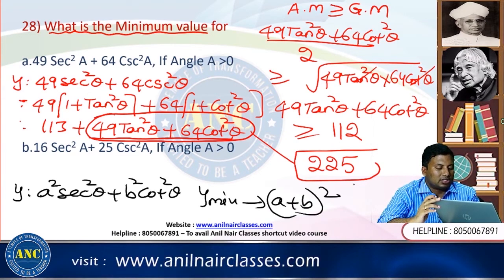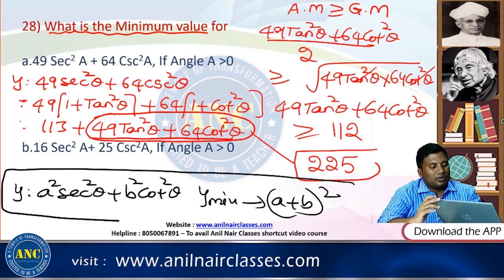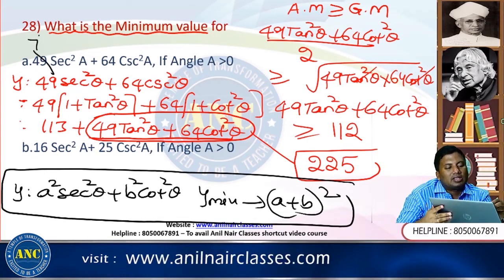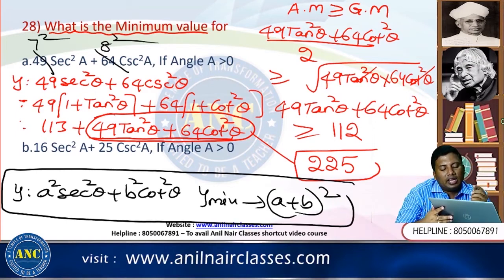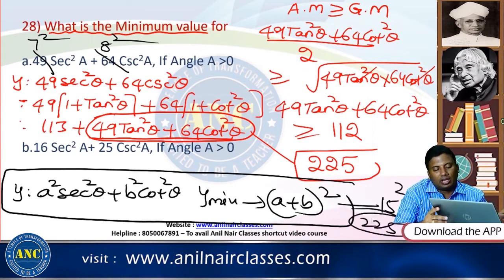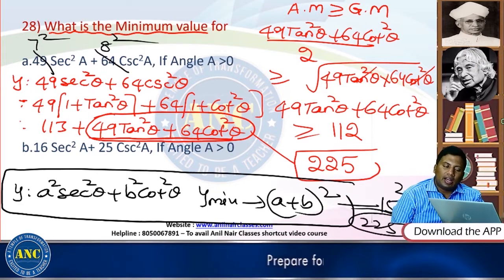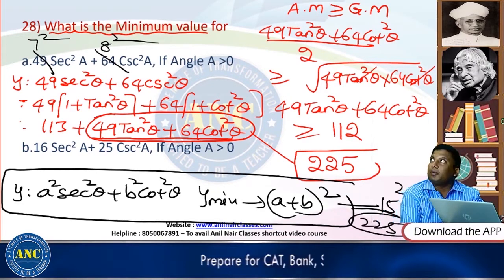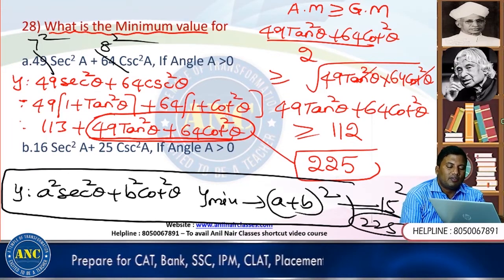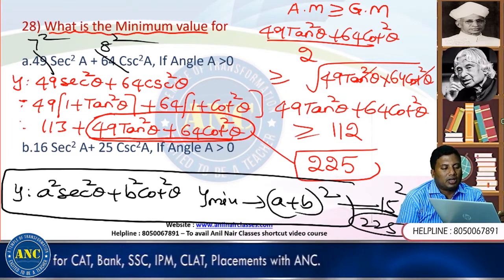Directly you will get the answer. 49 is 7 square, 64 is 8 square, 7 plus 8 is 15 square, which is nothing but 225. Idea clear? If the expression is of the form a square secant square theta plus b square cosecant square theta, y minimum will be a plus b whole square.